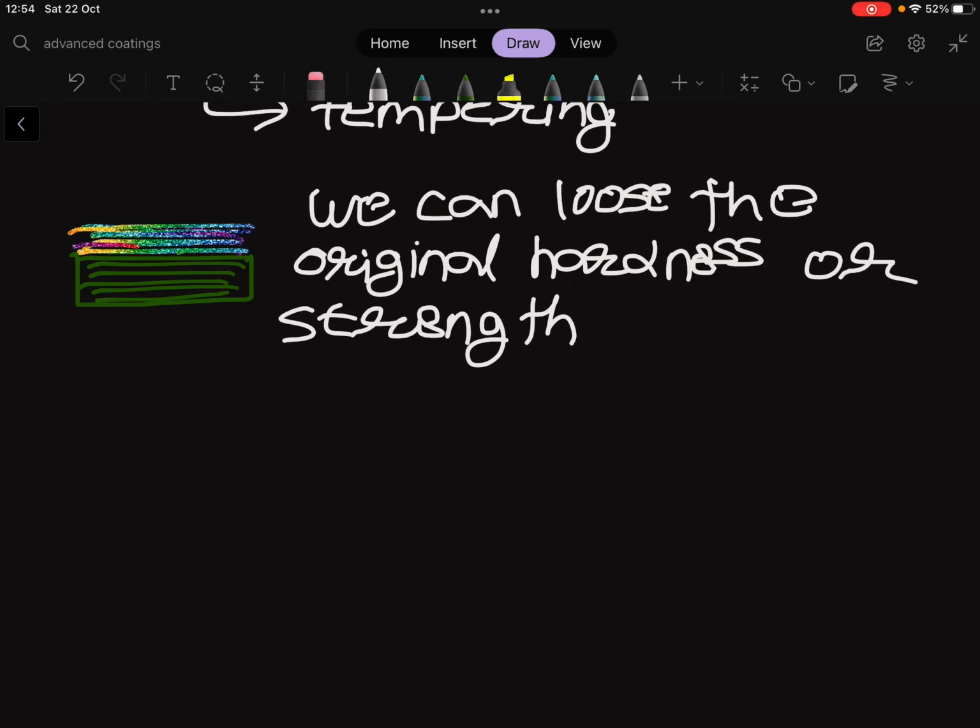So because if we pass the tempering temperature of our component, we have a decrease in mechanical strength. So the risk is to produce our coating and to reduce the strength of our base material.